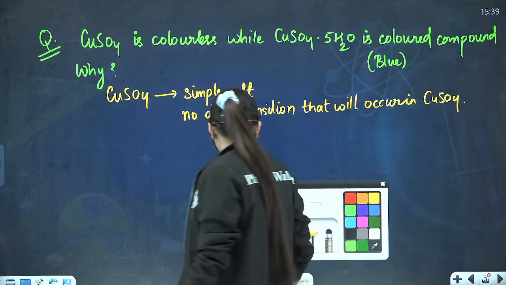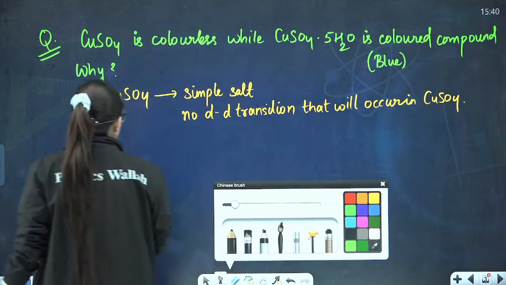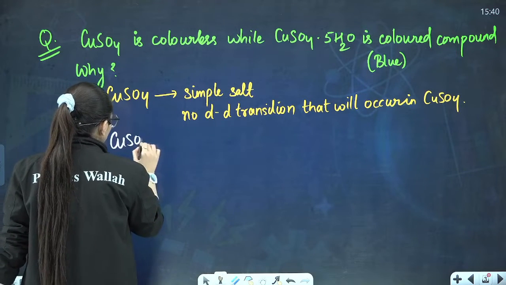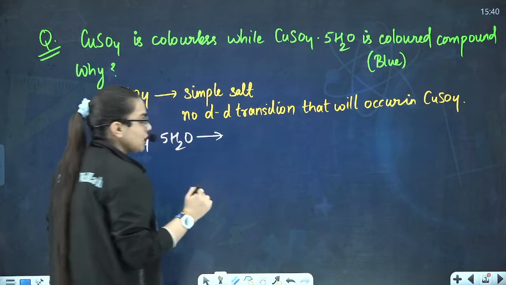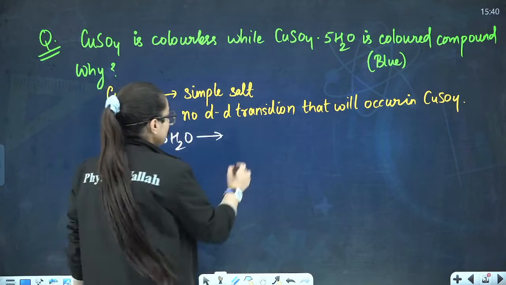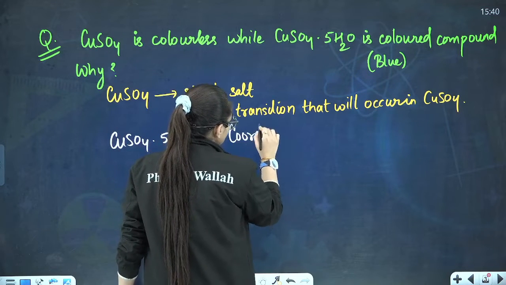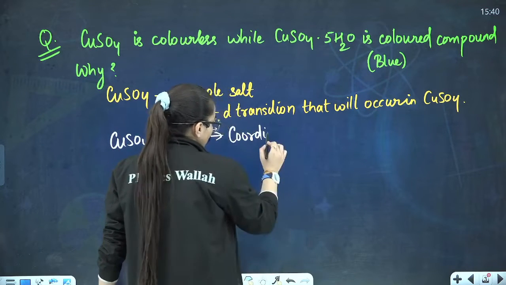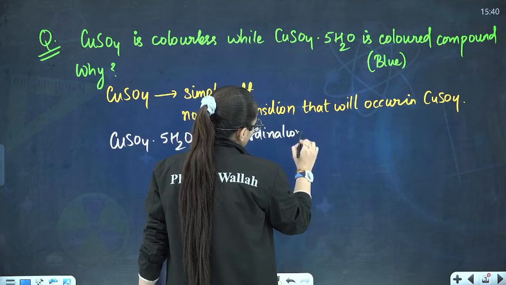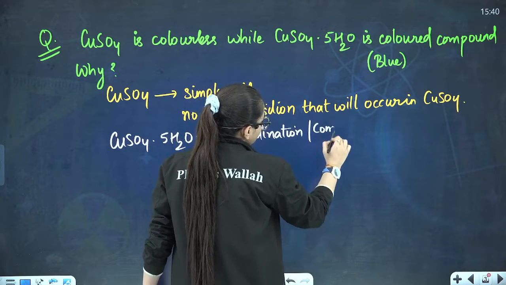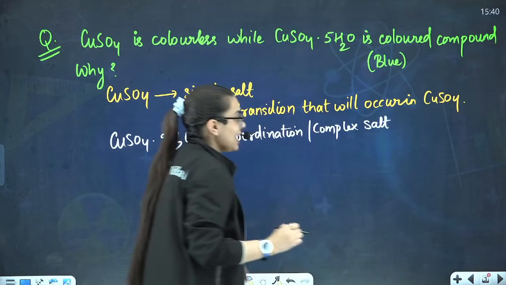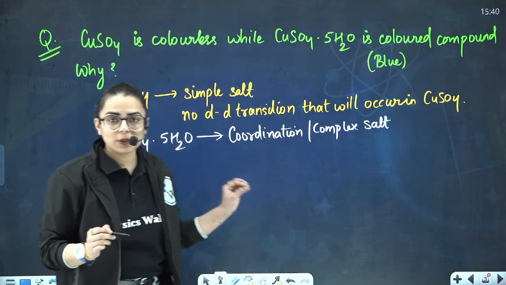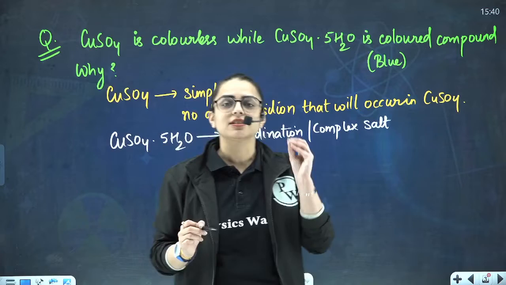But if I talk about CuSO4·5H2O students, it is a kind of a coordination compound, or I would say a complex salt. Now, as it is a coordination compound or a complex salt, over here d-d transition will occur.